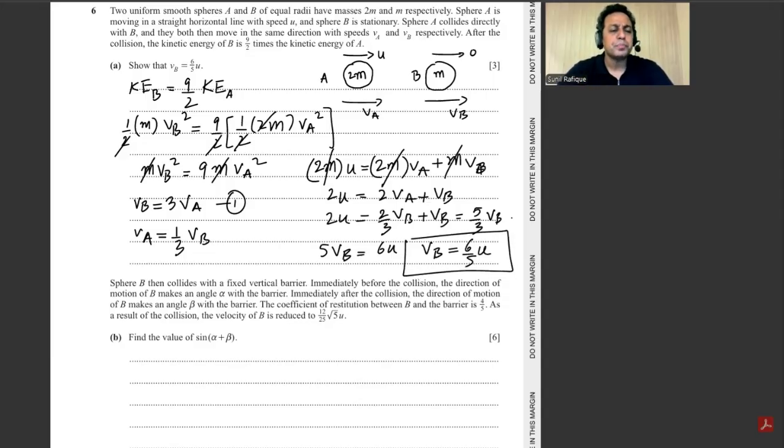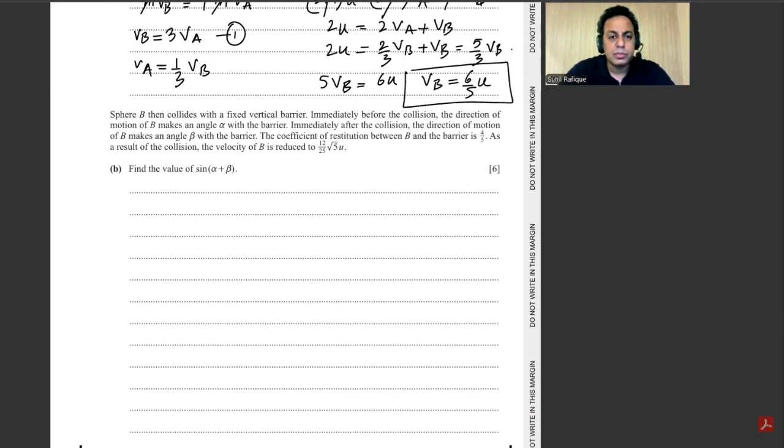This is shown. Okay, sphere B then collides with a fixed vertical barrier. Immediately before the collision, the direction of the motion of B makes an angle alpha with the barrier. All right, so this is an oblique collision.